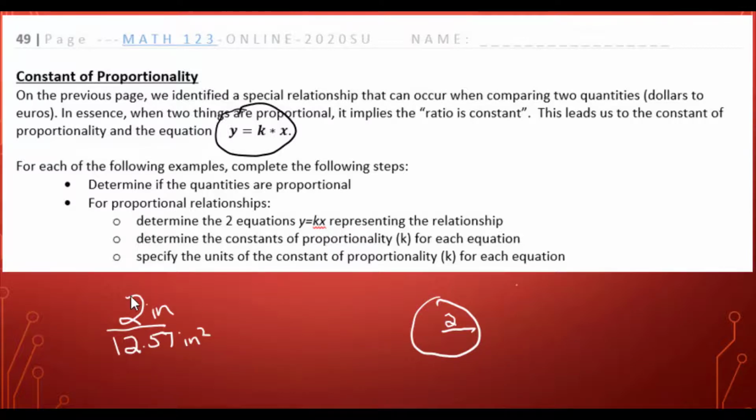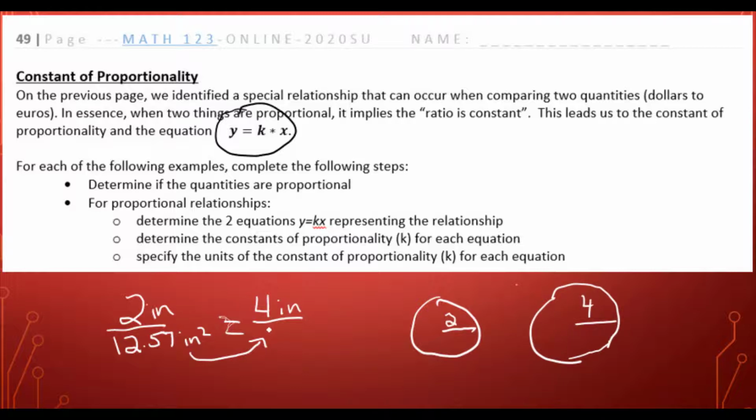So our final one is radius of a circle, which is, as you recall, like that, to the area. And the area of this circle with the radius of 2 inches is 12.57 square inches. So if I double the radius, will I double the area? In other words, so I get a bigger circle and I have 4 inches.